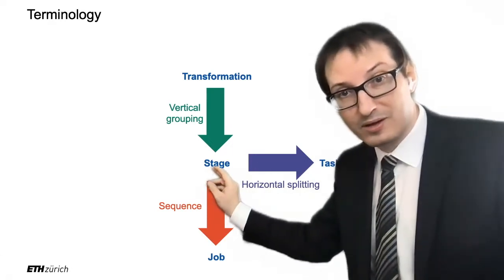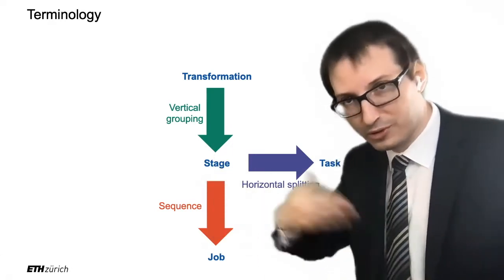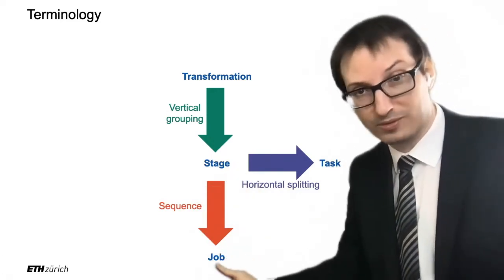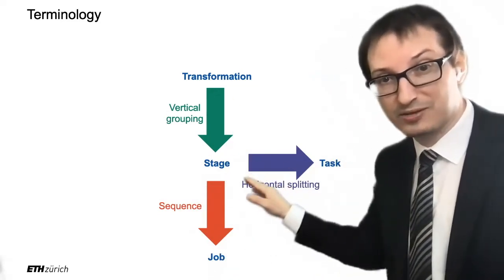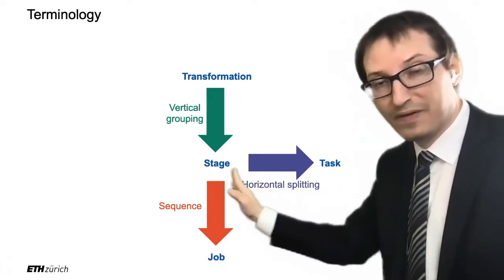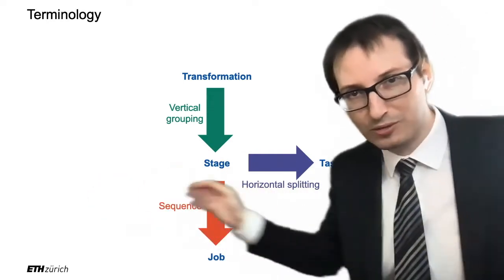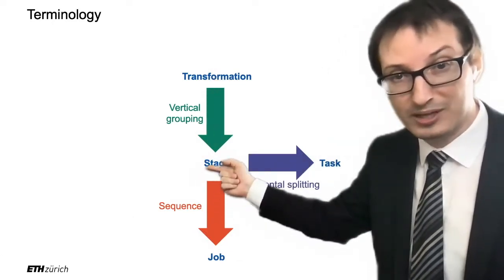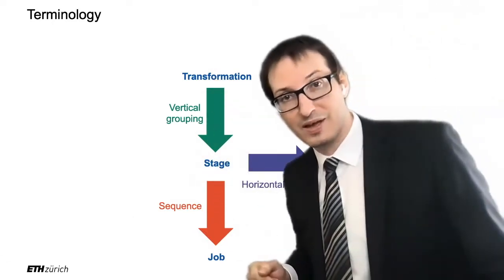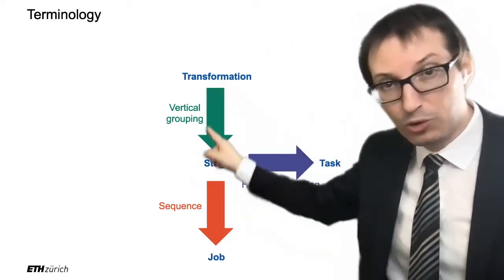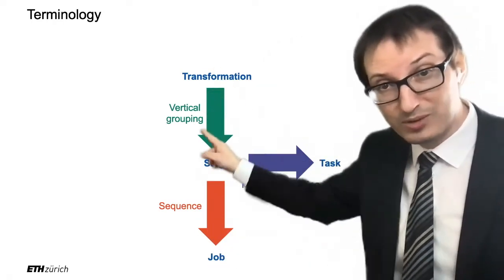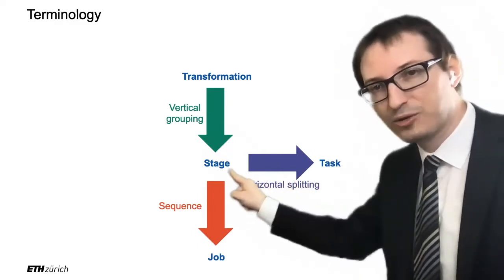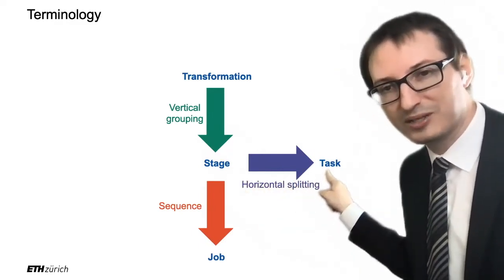And then a sequence of stages, so the stages are basically executed one after each other, and that's a whole job, right? So you just need to understand that there's horizontal splitting of the stages when you spread it all over the cluster, and there's vertical splitting when you consider that a stage has several transformations. Do not be confused, because this is a logical thing, on the logical abstract level. This is a physical thing, that you physically execute the stage by splitting it into tasks.